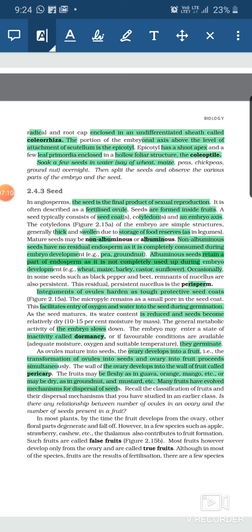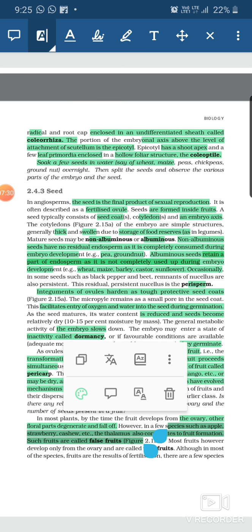Now in most of the plants, by the time the fruit develops from the ovary, the other floral parts attached to the flower all degenerate and fall off because there is no need of them. However, there are a few species, like apple, strawberry, cashew, in which the thalamus contributes to the fruit formation, so we call it a false fruit.